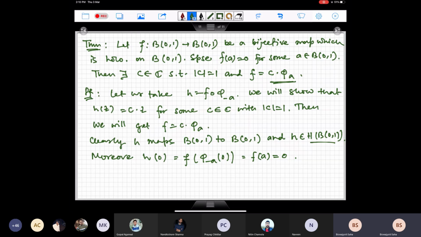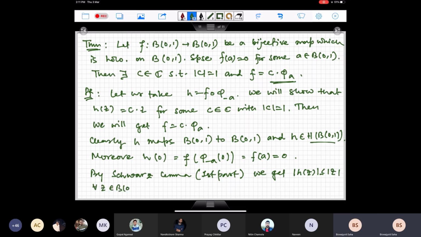H is a holomorphic function from B01 to B01, and therefore by Schwarz lemma, first part, we get mod of H of Z is less than or equal to mod of Z for all Z in B01, and mod of H prime of 0 is less than or equal to 1.